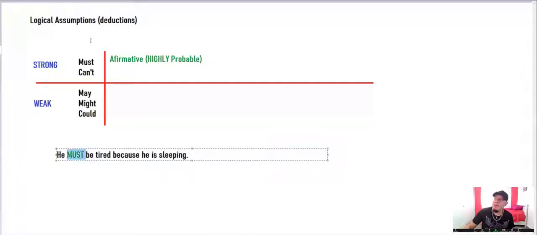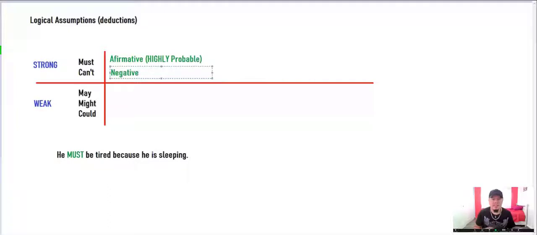Whereas can't also expresses a strong assumption, a strong deduction, but in this case, it is for negative sentences, meaning what? That it is highly, in this case, highly improbable, right?